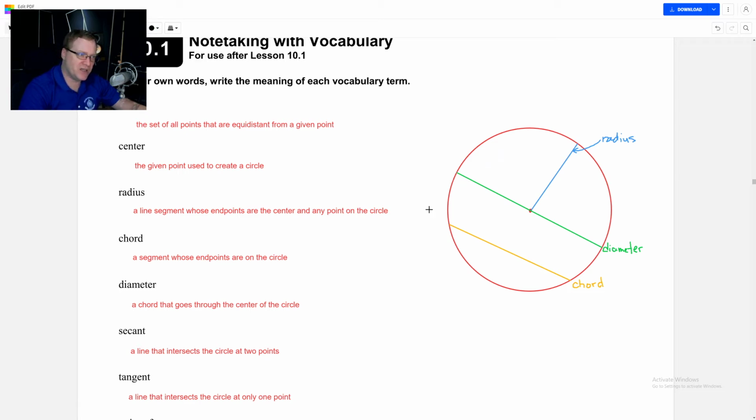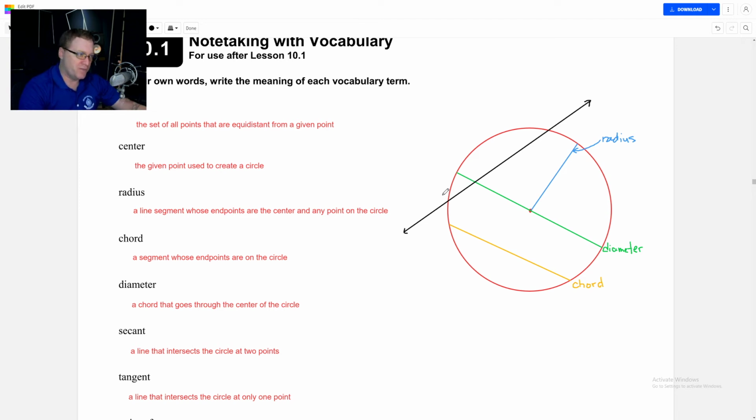A secant is just a line that intersects a circle at 2 points. This is a line, not a line segment, so it goes on forever. These are line segments. This is a line, so it's a little bit different.